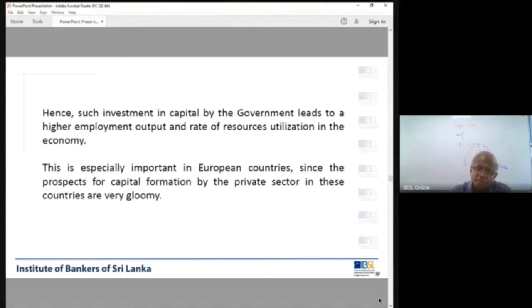Such investment in capital by the government leads to high employment. If they can invest, they can generate employment, increase GDP. Right? Then this investment will generate future returns. Highways were built and opened in 2014-15.